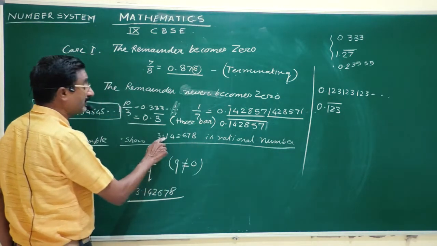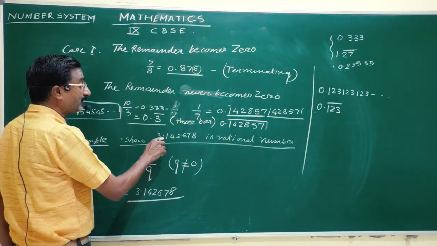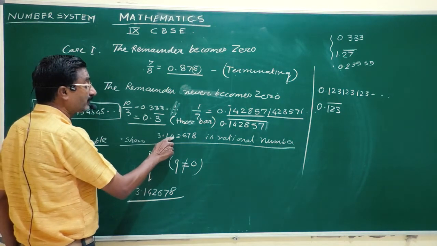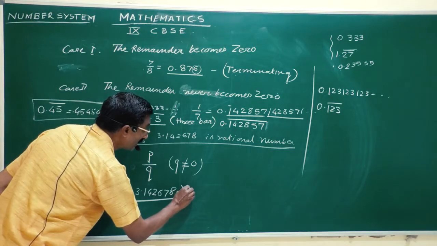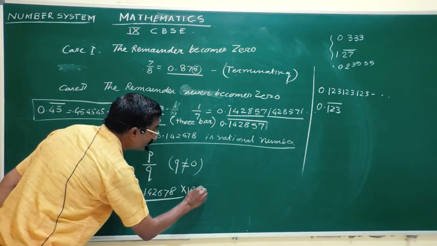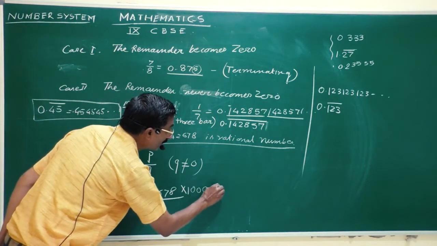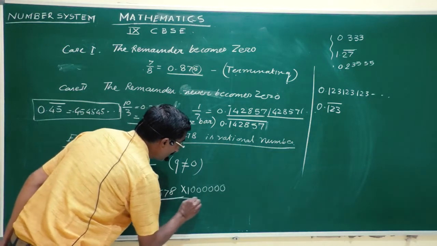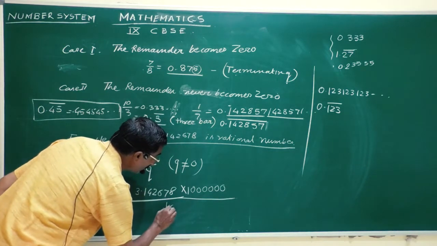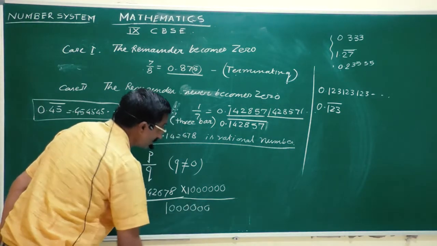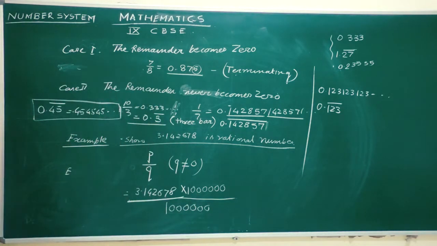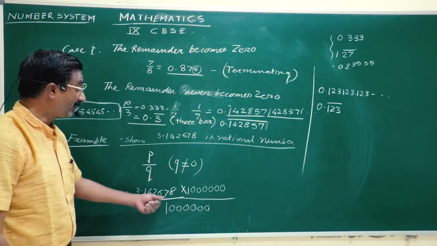See what I am going to do. After the decimal, I am counting 1, 2, 3, 4, 5, 6. So I will multiply it by 1 followed by 6 zeros and divide it by 1 followed by 6 zeros, that is 1,000,000. If we multiply numerator and denominator by the same number, we will get the same answer. That's why we are using that.